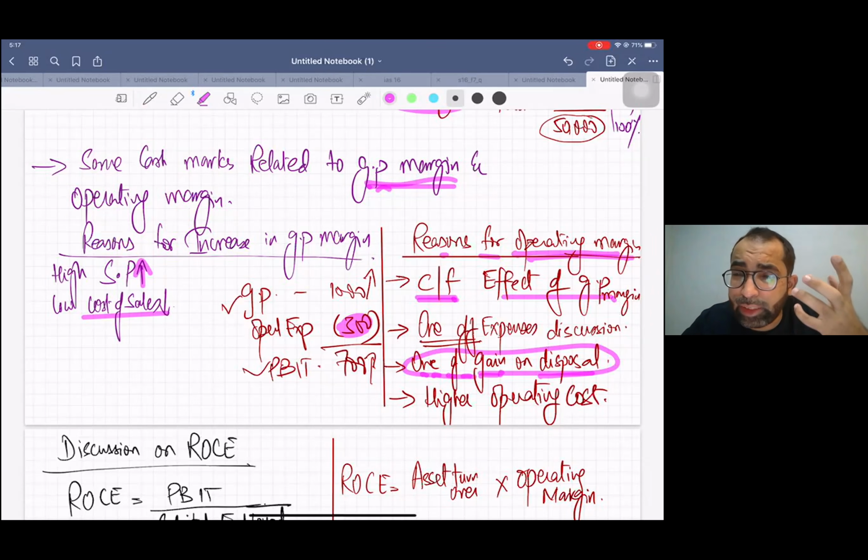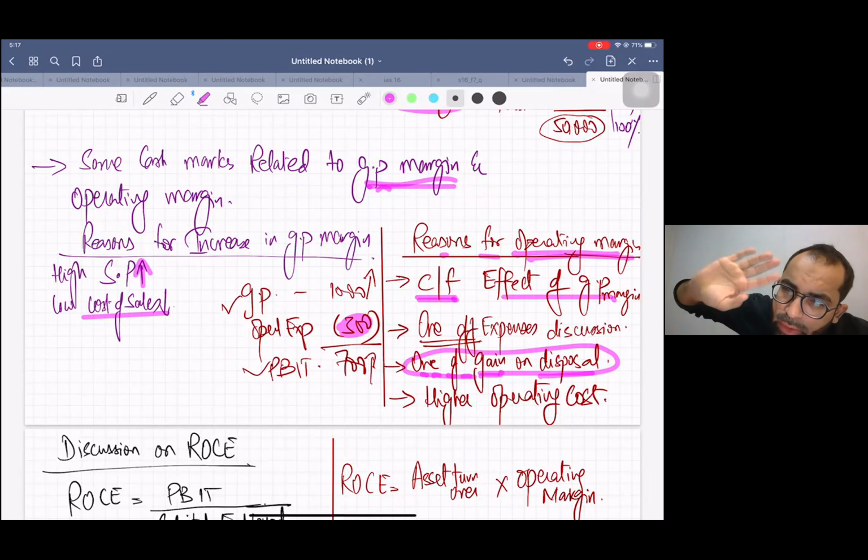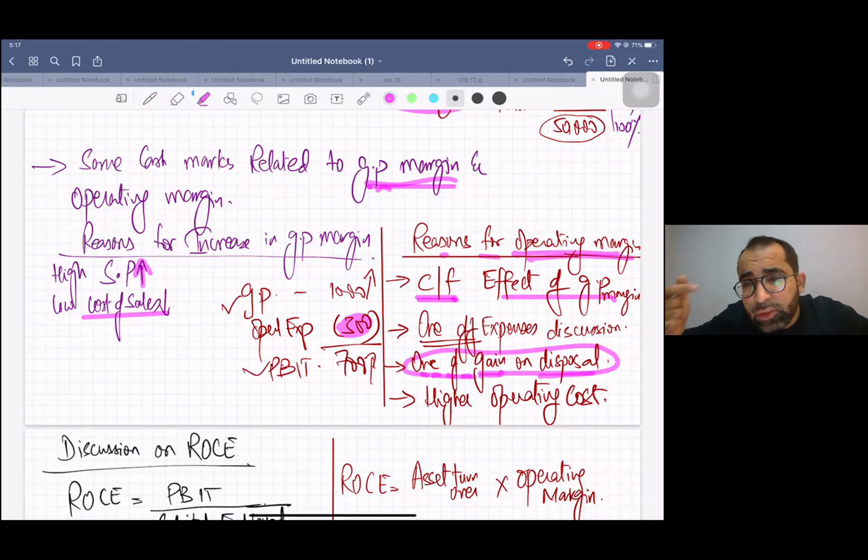So that's an opportunity that you can clear. This is also one of gain on disposal. There is a possibility that a company has 4 divisions and this year the company sold one of them. So because of that sale of division, there is a gain on disposal in your question.